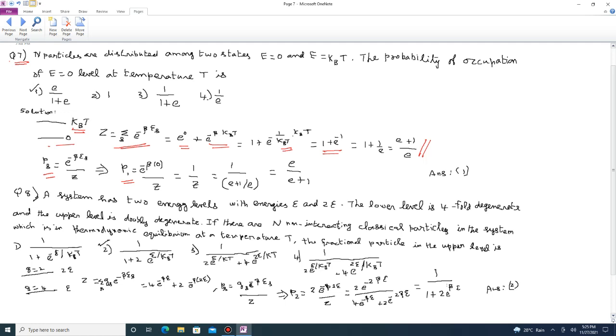So e power minus beta times the energy, which is 0, divided by Z. We have already calculated the partition function. You substitute this value here and simplify. This becomes e divided by e plus 1. So option 1 is the correct one.